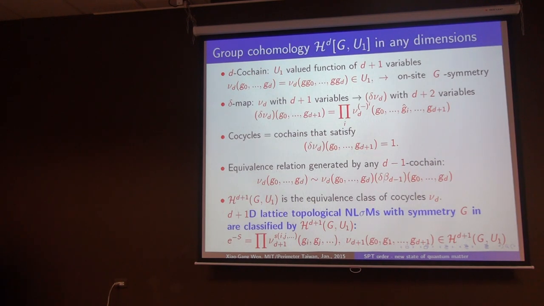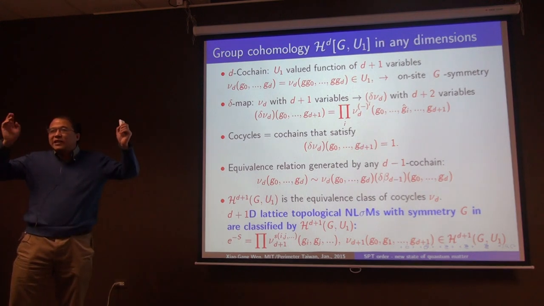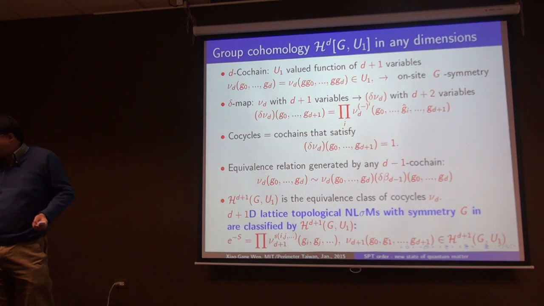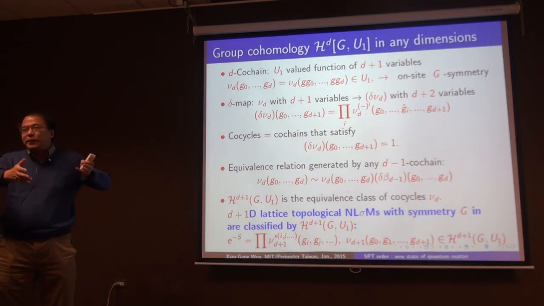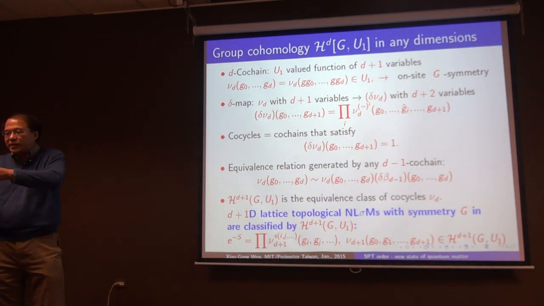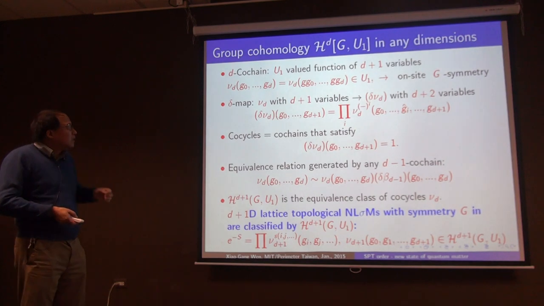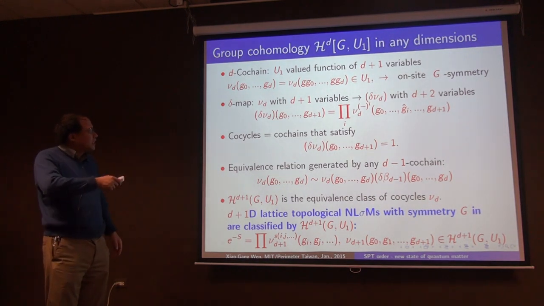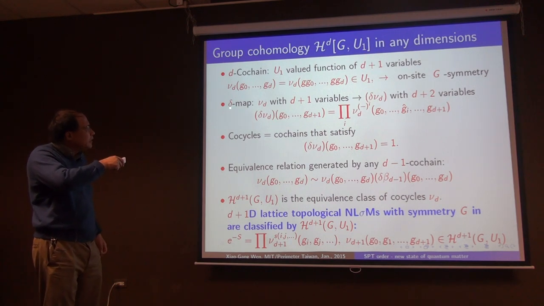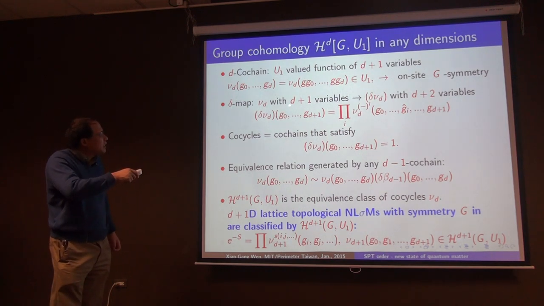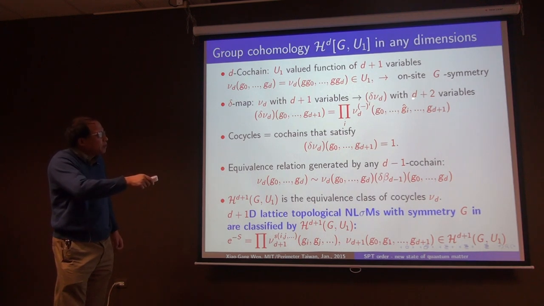So maybe let me just very quickly go over some formulation. The idea is I have already described all the important ideas in the one plus one dimension example. But all this picture can be generalized to higher dimensions. And it turns out that it's convenient to define a delta map. The delta map basically maps a function with d plus 1 variables to another function called delta nu, which has d plus 2 variables.